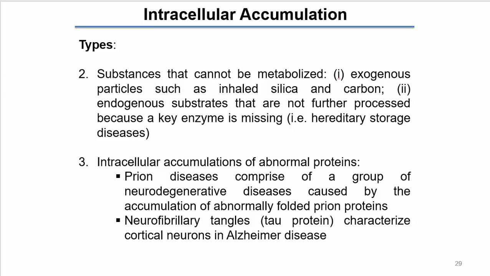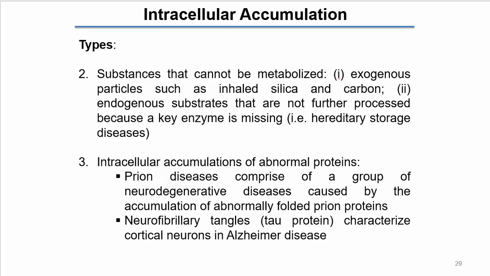A couple of diseases involved with this have to do with prions, like mad cow disease, Creutzfeldt-Jakob, and Kuru. These diseases are neurodegenerative. The neurons seem to be susceptible to these abnormal proteins.